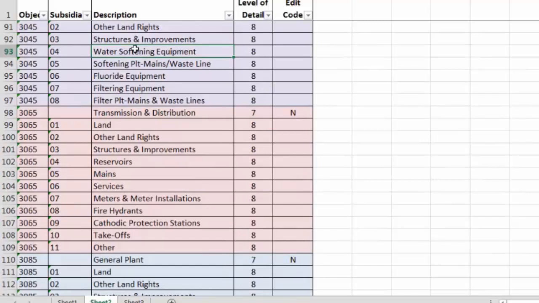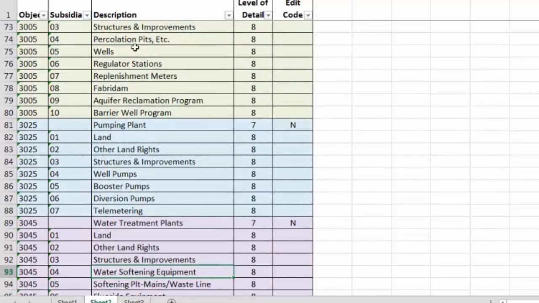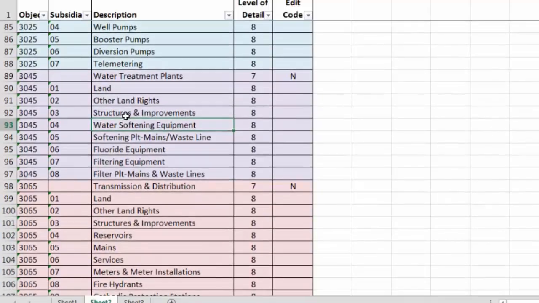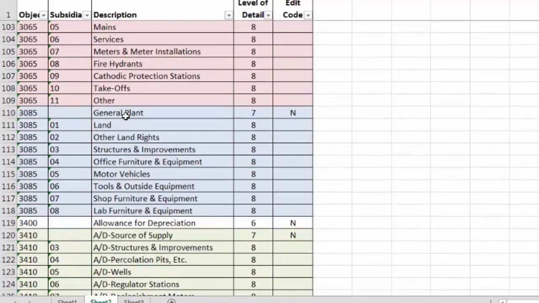And these groups or divisions are consistently placed throughout the chart of accounts so that I will always find these in order of source of supply, pumping, water treatment, transmission and distribution, where applicable, customer service, and maintenance and general plant. When I say where applicable, you will notice, for example, the customer service does not have any assets assigned to it.